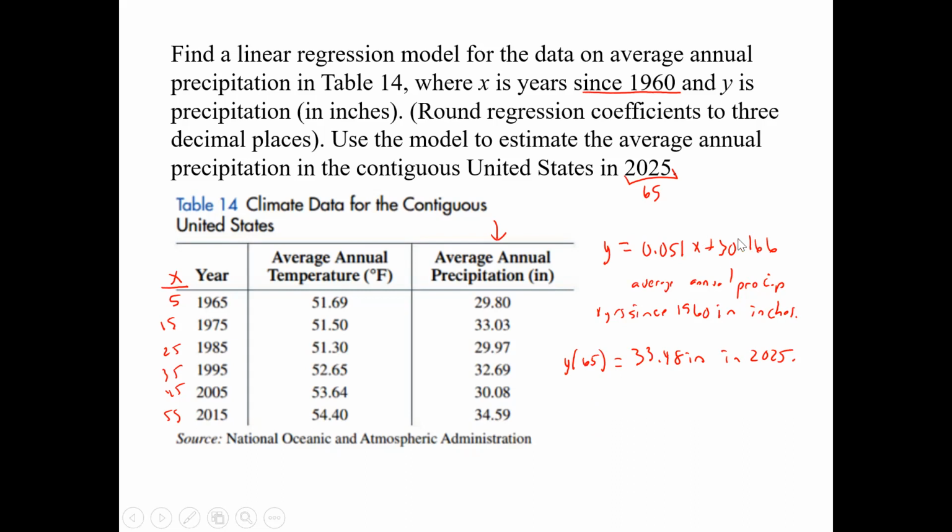And then we could see on our graph, it drew a nice line. After that, we could plug in 65 as the value, and it gives us 33.48 inches. So hopefully that helps you with at least how to type it in your calculator, find an equation, and use that to actually answer another question within the equation.